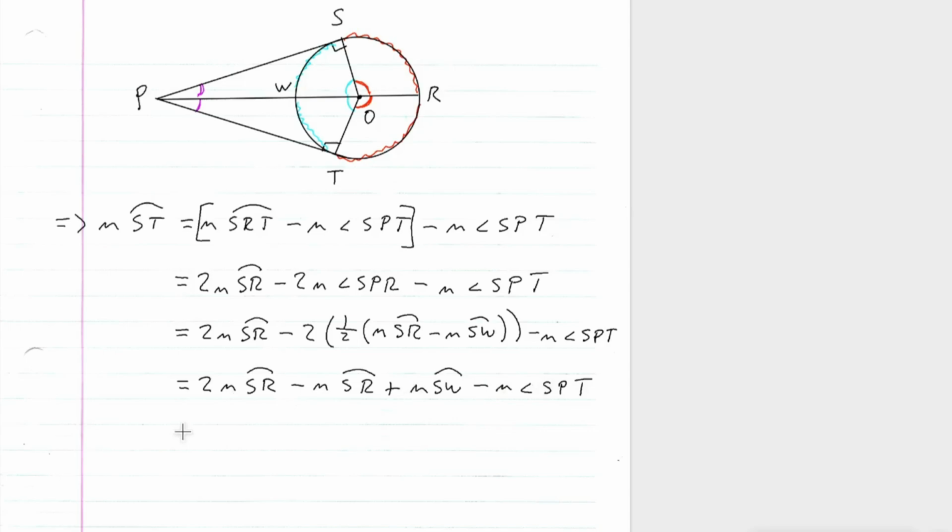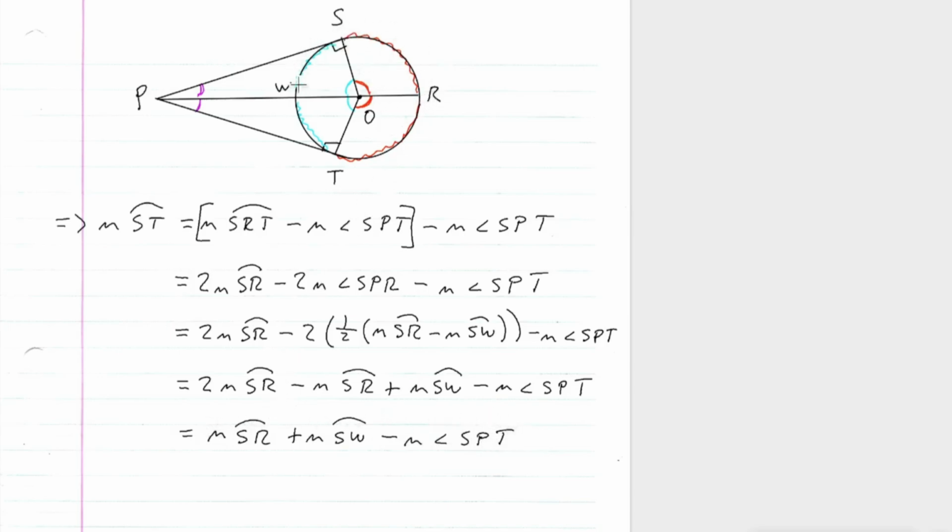And then this is equal to, 2 times the measure of arc SR minus SR is just the measure of arc SR, plus the measure of arc SW, minus the measure of angle SPT, and look at what we have.